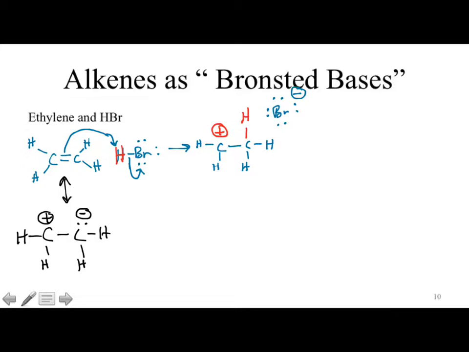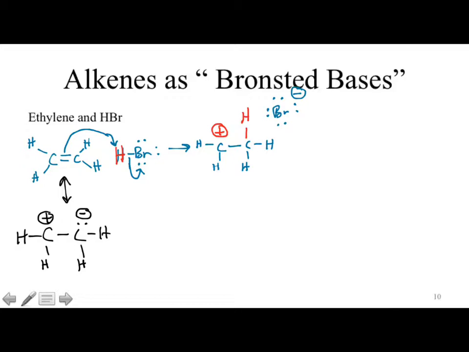We've got that positive and negative on those carbons. Okay, that is a possible Lewis structure. It's a bad one, because we've got charge within our structure, but it is still a possible valid Lewis structure.